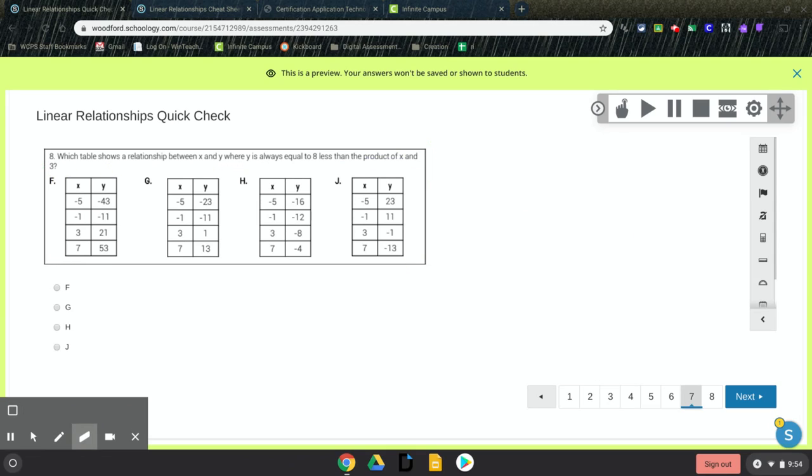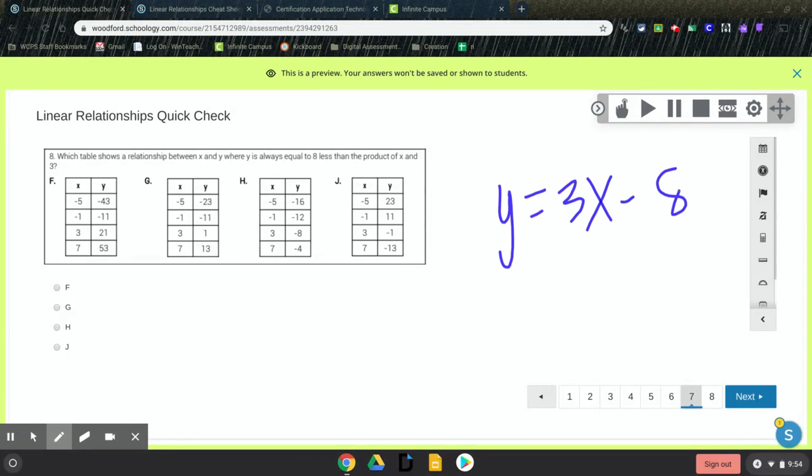So for example, if this is my equation, y equals 3x minus 8, if I take this table here, let's see if this is the correct one, and I substitute in my negative 5 for x. So we're going to put negative 5 for x.